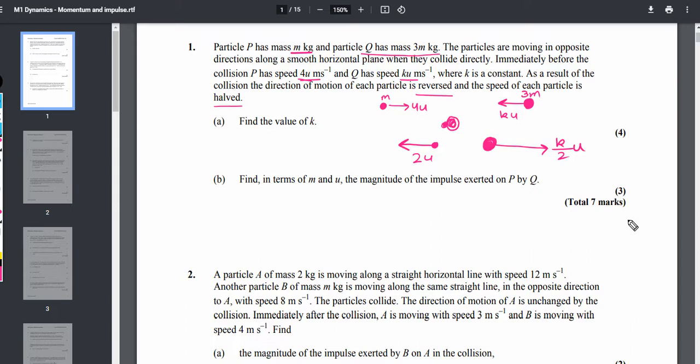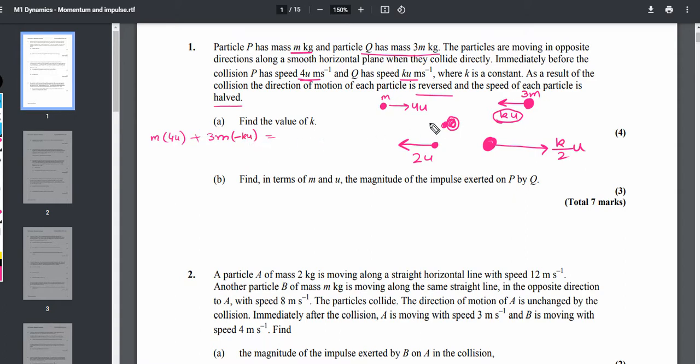So we will use the law of conservation of momentum, in which the sum of initial momentum is equal to the sum of final momentum. Let's see the sum of initial momentum. That will be m times 4u plus 3m times negative ku, since the velocity of particle Q is to the left, so I'll take it as negative ku.